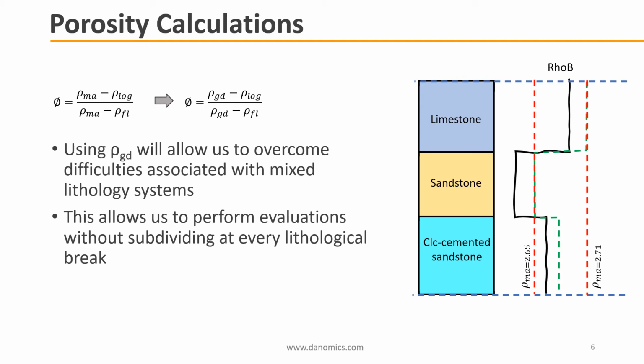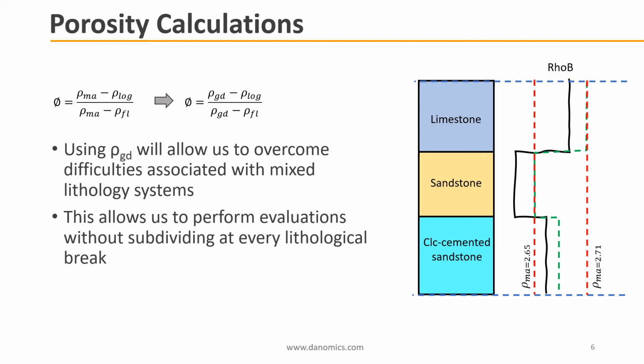All of a sudden you have to pick many, many tops, and you'd have to do this for many, many wells. Also, are you going to be able to readily identify the difference between this sandstone and this calcite cemented sandstone? Their log signature could be very similar if you're only looking at something like a gamma ray log in that case. And using a grain density methodology will allow us to overcome that difficulty as well.